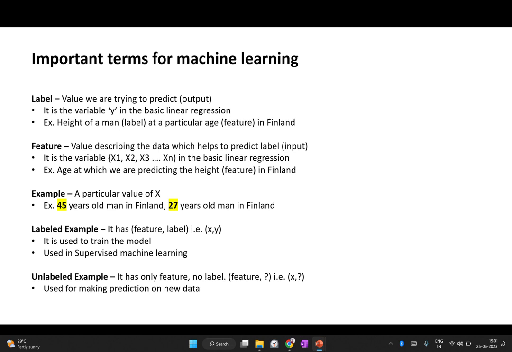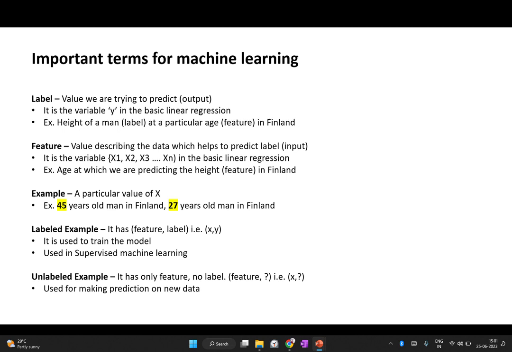Maybe that starts from 1 year towards 25 years, because we know post 25 years there would not be any change in height, or let's say post 18 years. So we would like to predict the height of a person aged 10, and that labeled example would help us to do that.